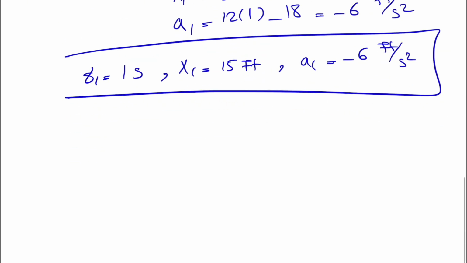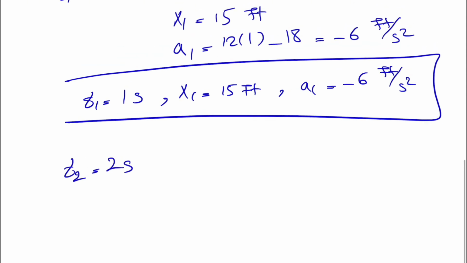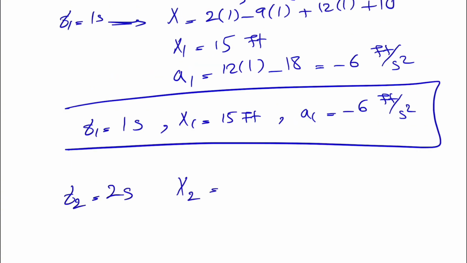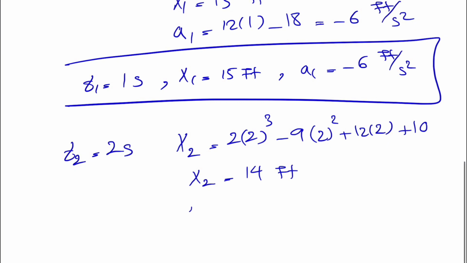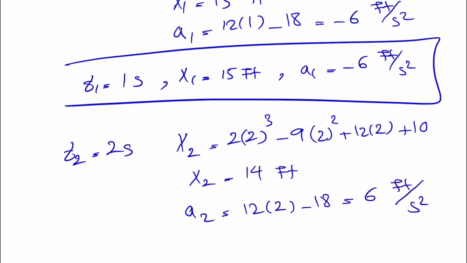And if you want to go to the second t that we have, which was 2 seconds, we're going to do the same thing. We'll find another x in here, let's call it x2. So 2 cubed minus 9 times 2 squared plus 12 times 2 plus 10, and if we calculate these, we'll get 14 feet, and our acceleration would be simply 12 times 2 minus 18, which is 24 minus 18, or 6 feet per square second.